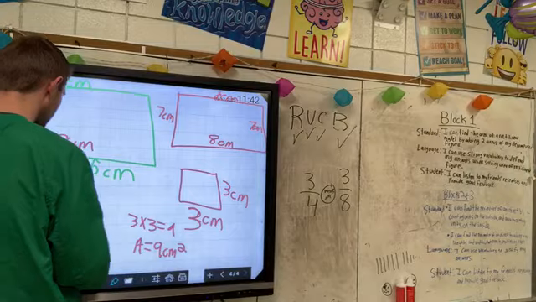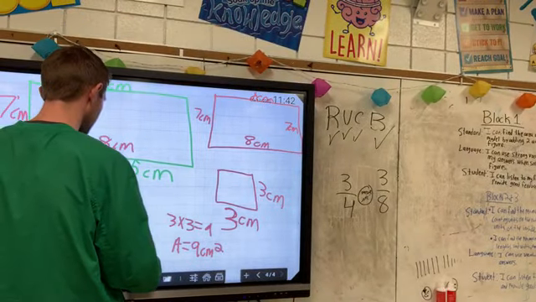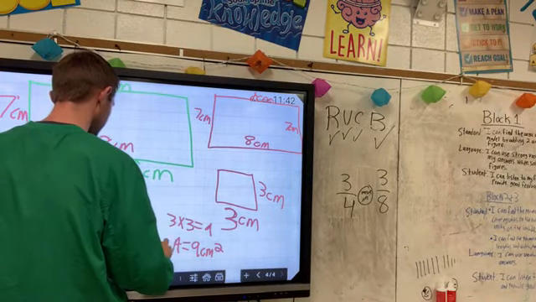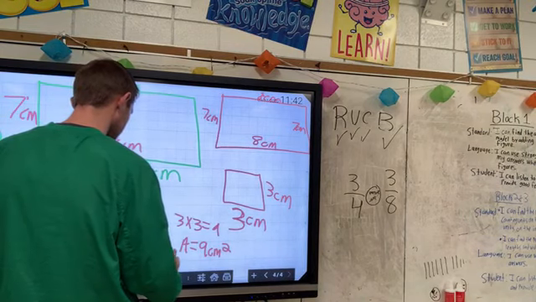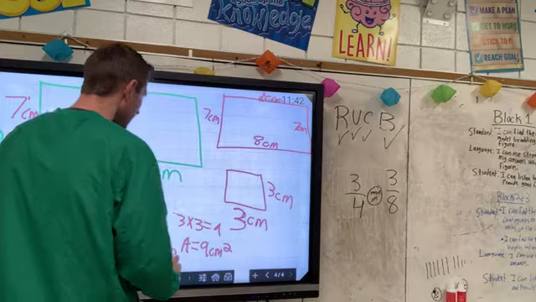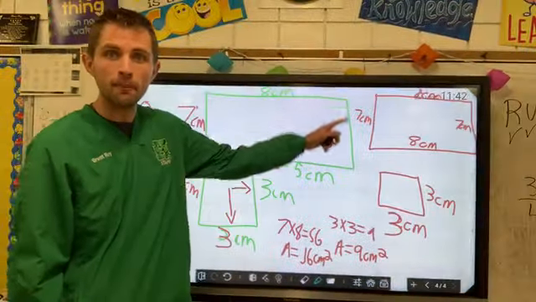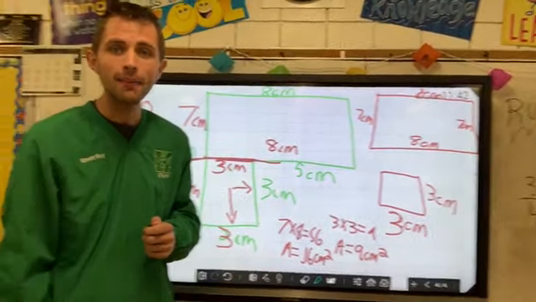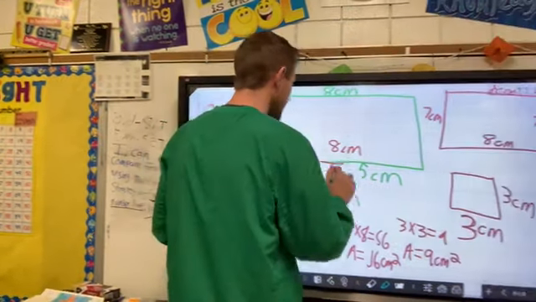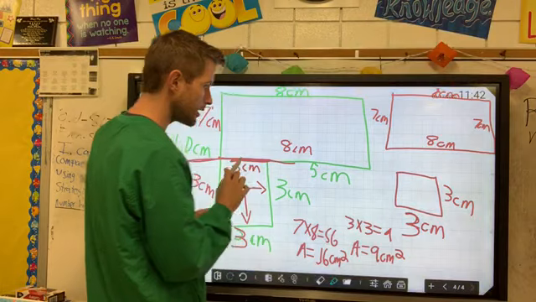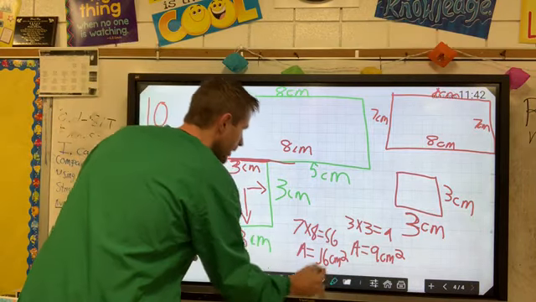I'm going to find my area. 7 times 8 equals 56. So area equals 56 centimeters squared. I have found the area for both shapes. Now I am going to have to add them together. I'll use a new color.